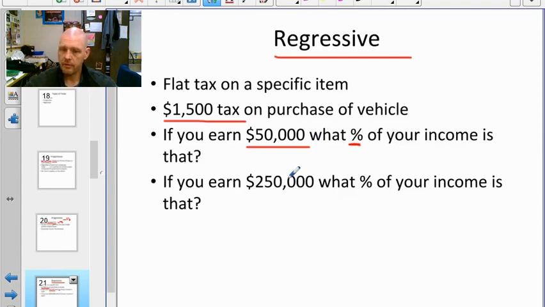It's 3%, versus if you're someone who earns $250,000, that's only 0.6%, right? So 3% versus 0.6%. And some would say, well, again, that percentage of tax is going down the more money you make. Let's go ahead and stop there and we'll move on to some government expenditures.